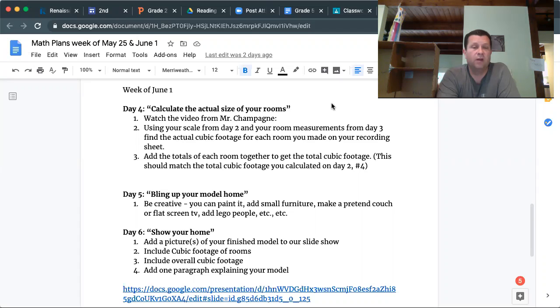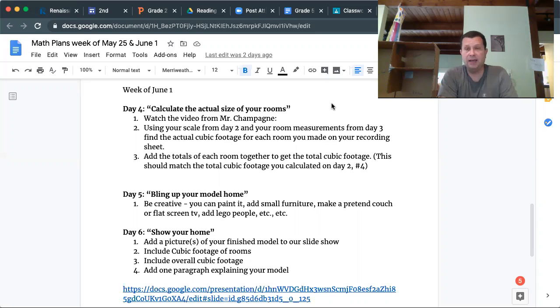multiplication. Using your scale from day 2 and your room measurements from day 3, find the actual cubic footage for each room you made on your recording sheet. If you remember day 2, I made a scale of how many inches equals a foot.